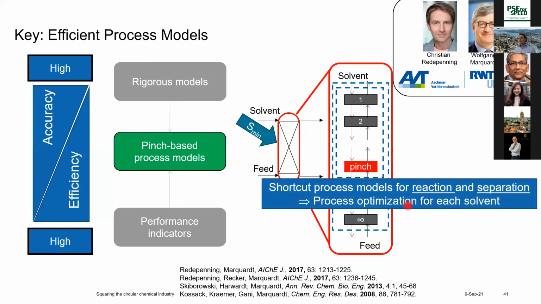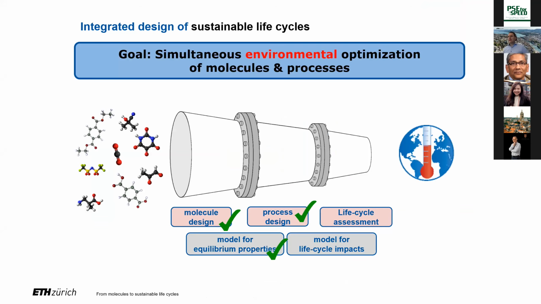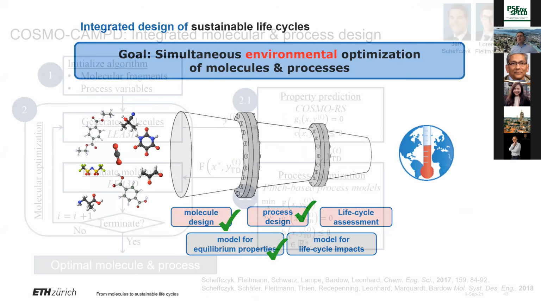So we employ the shortcut process models for reactions and separations. And then we can optimize them and look for different solvents like the ones we had for producing formic acid.